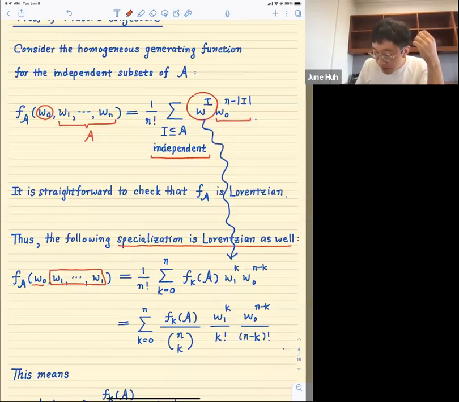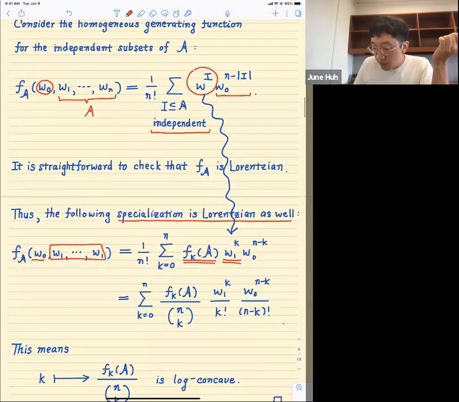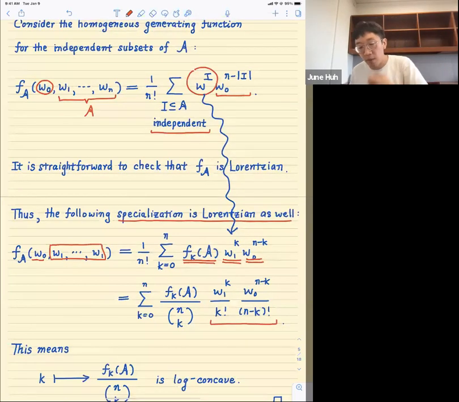And the degree k part in W1 counts, of course, the number of k element independent subsets of A. And you want to write this polynomial in a normalized form using these exponential monomials. And the normalized coefficient you get is exactly the quantity of interest, Fk divided by n choose k.